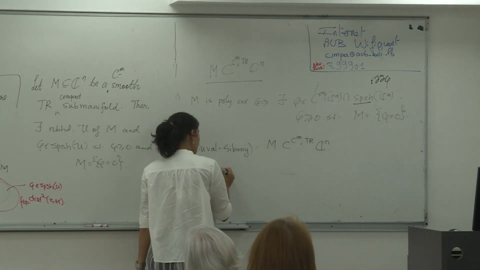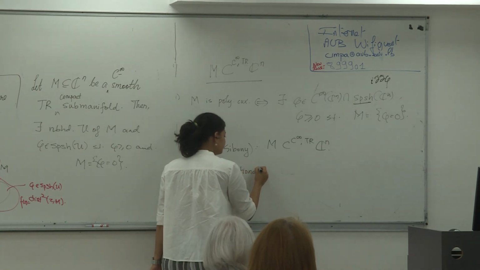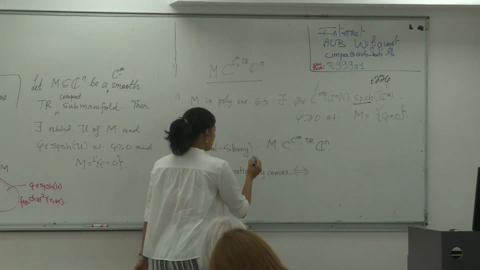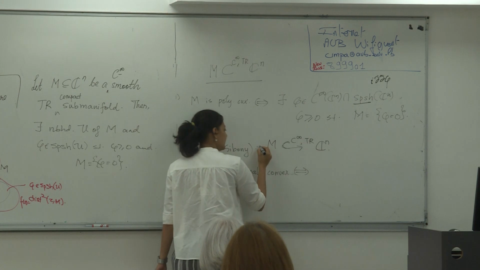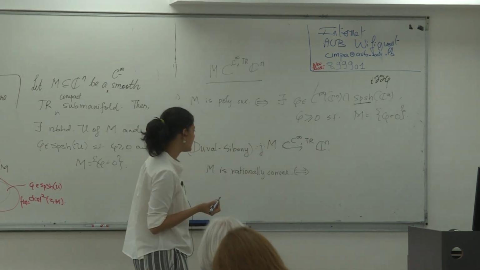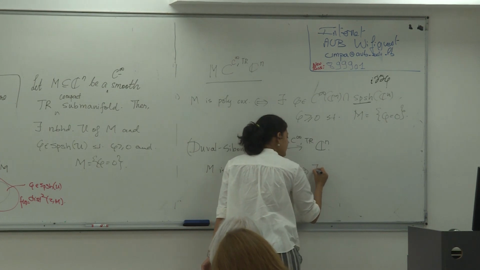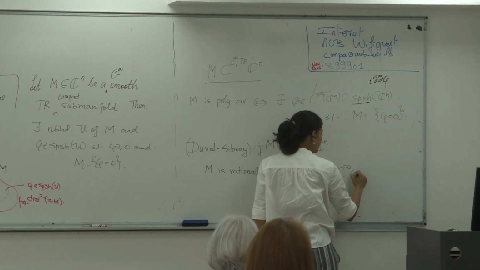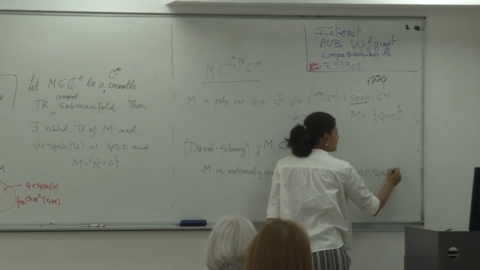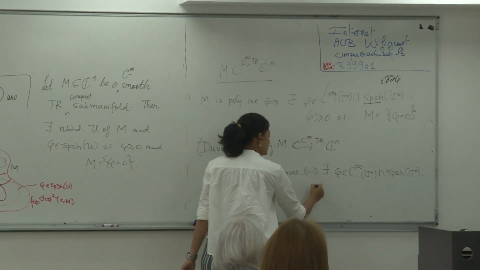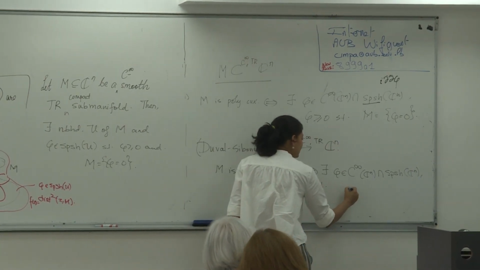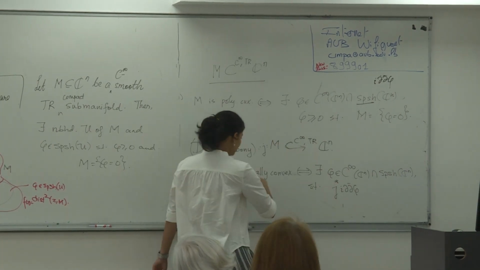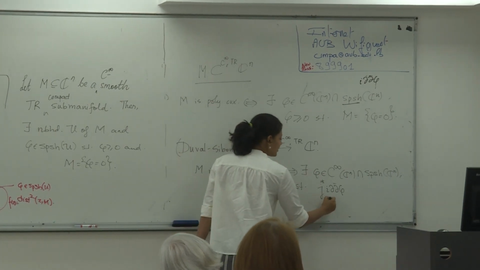So M is rationally convex if and only if, taking this J map, which is the inclusion of M in Cn, if and only if there exists a Kähler form, a smooth SPSH function phi, such that if I look at i dd bar phi and pull it back to M, call this J_M, that vanishes.